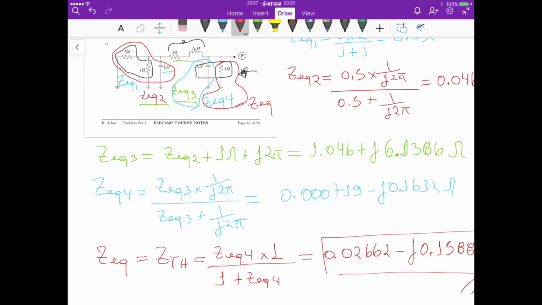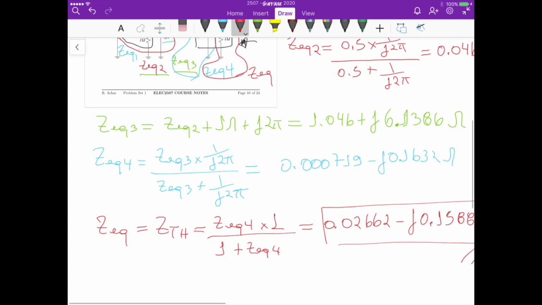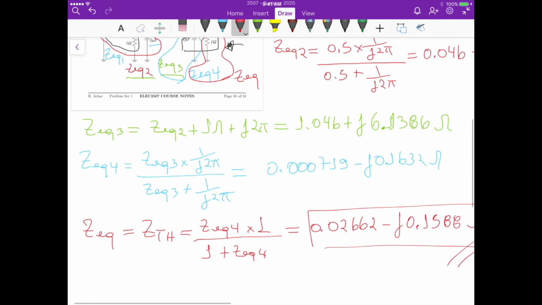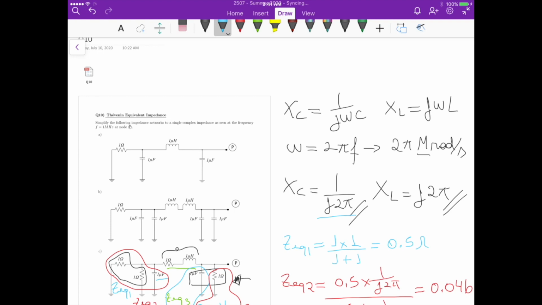So if you want, you can redraw the circuit for each one of the steps, but it's a pretty straightforward circuit. I'm just doing each one of the impedances one at a time, but you could also build an entire equation and then calculate, okay? And for the other circuits, it's the same approach. For the first circuit, we calculate this parallel, then this series here, and then we end up calculating a parallel here.